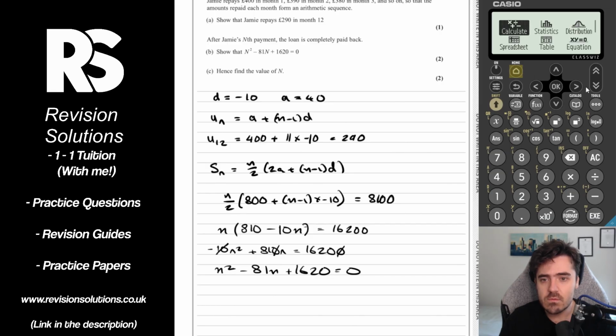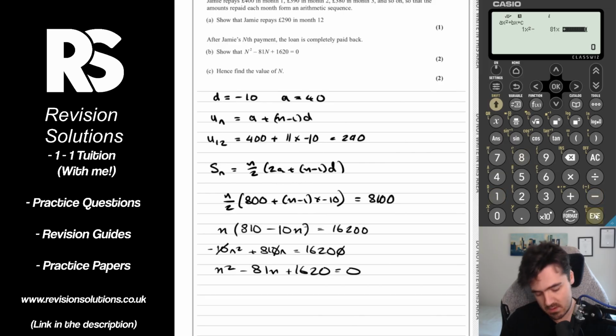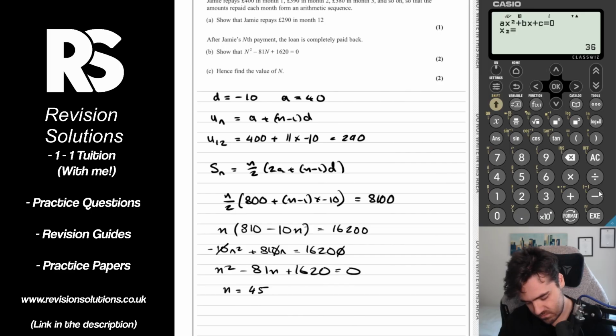So if we go to home, then equation, polynomial, quadratic, type in our coefficients: 1, minus 81, and 1620. That would give you 45 or 36.